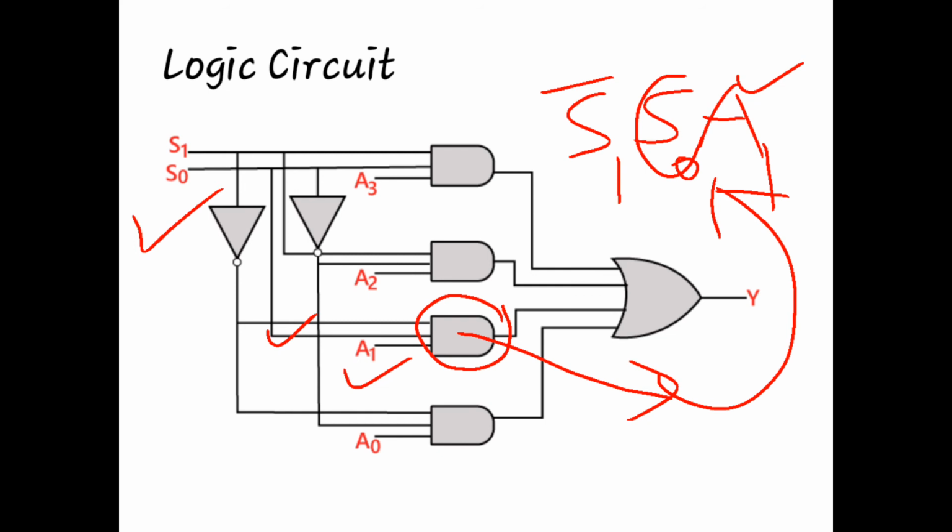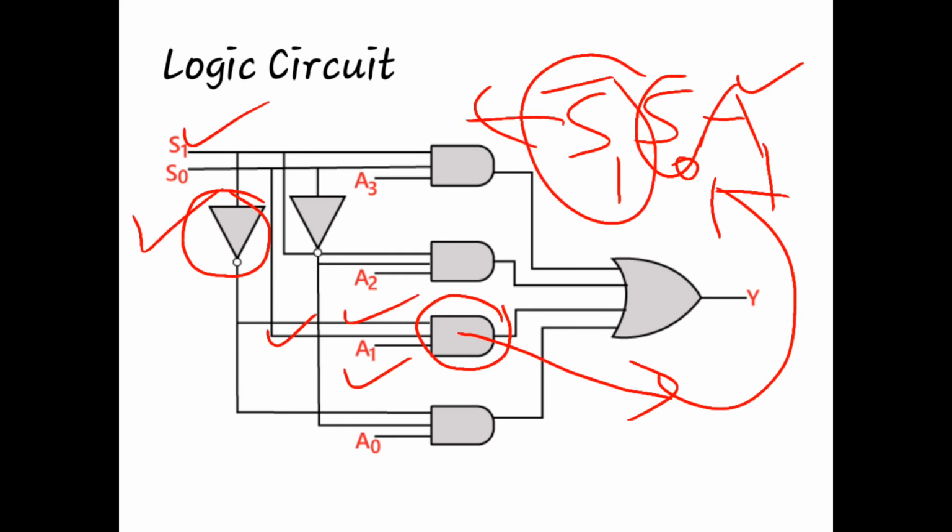Then the third input is S1, that is this S1, and this is used here with the inversion part. That is, for inversion we know which gate, NOT gate.